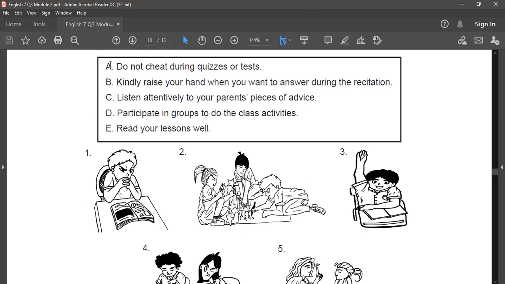Just choose from A to E. Write the answer on your paper, letters only. Just like this one, if you will notice, very obvious, he what? He reads this one. So you will be having a clue. Just analyze the picture.